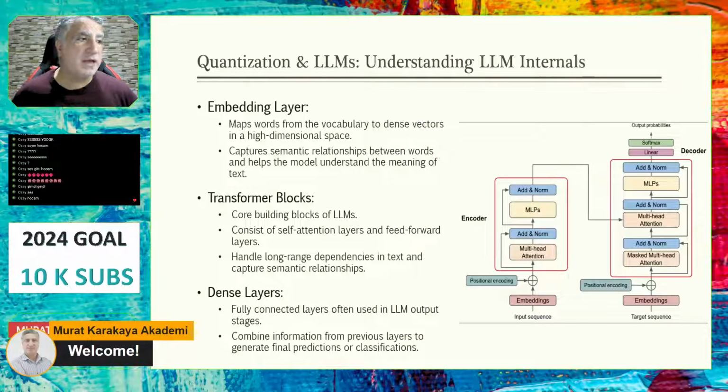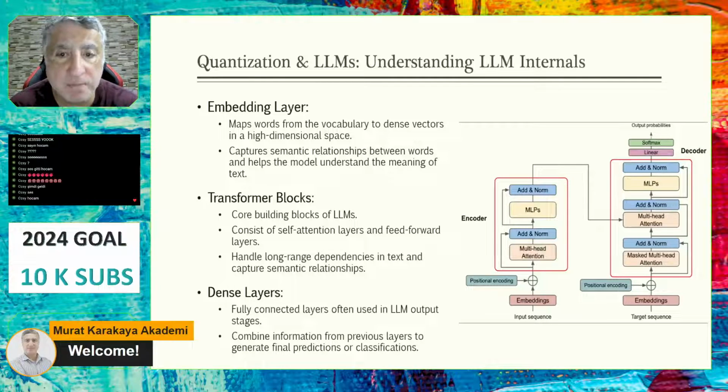Okay, after understanding that quantization works in reducing the requirement of VRAM, now let's get into the details of the quantization method. To understand how quantization works, we need to refresh our knowledge about large language models. So let's talk about the internal structure of large language models.